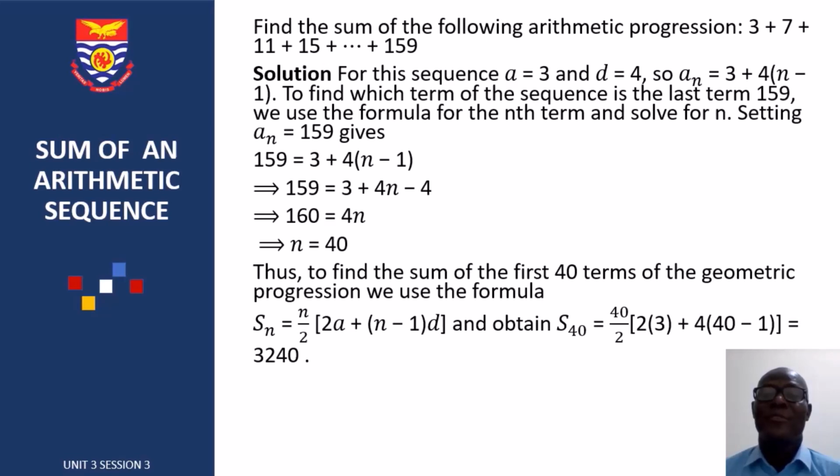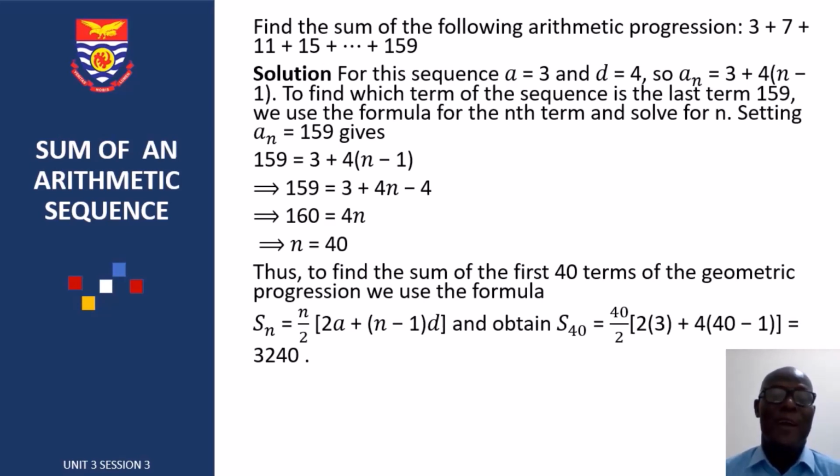So substituting this into the formula, we have 159 is equal to the first term, which is 3, plus the common difference 4 multiplying (n minus 1), which implies we have 159 equals 3 plus 4n minus 4. That is if you remove the brackets.